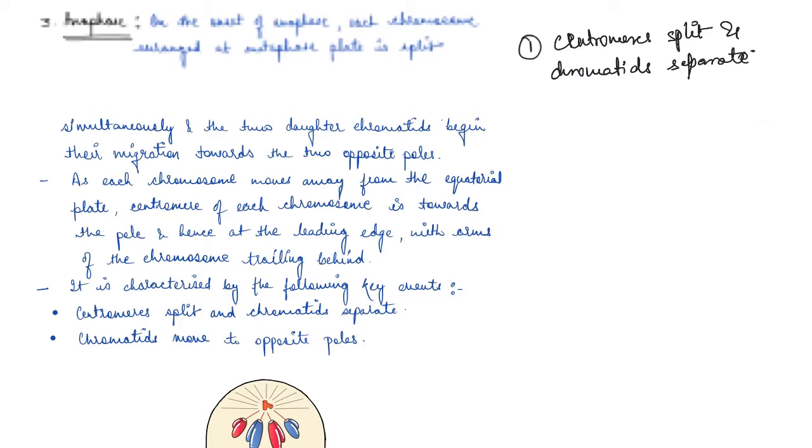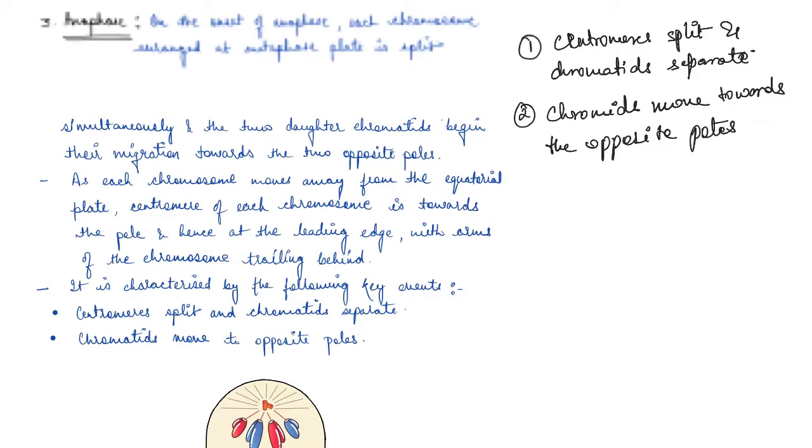The centromeres split and the chromatids separate. And the second stage is where chromatids move towards the opposite poles. They start moving towards the opposite poles.